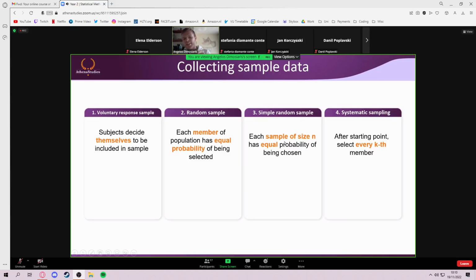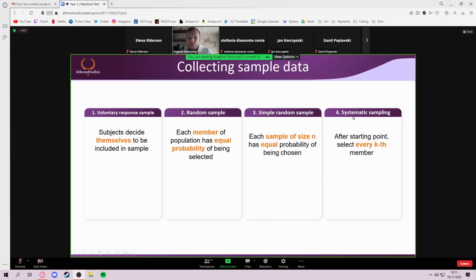On the other hand, under a simple random sample, we divide our population into smaller samples, each one with the same n, and then each of these samples has equal probability of being chosen. So here we talk about individuals, and here we talk about groups, let's say.